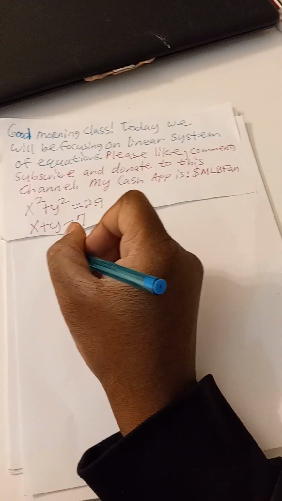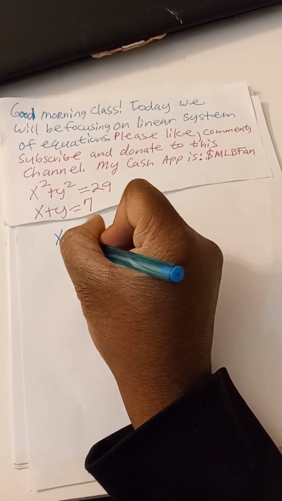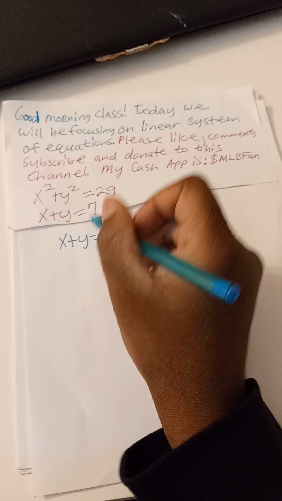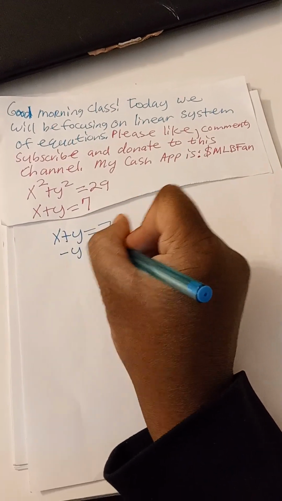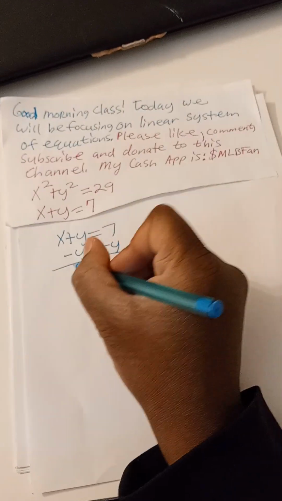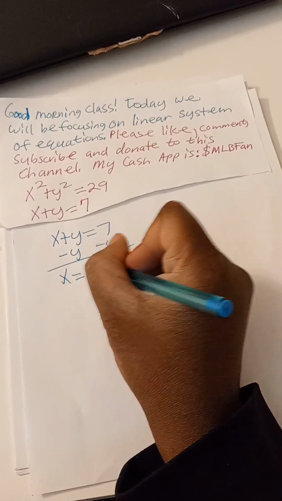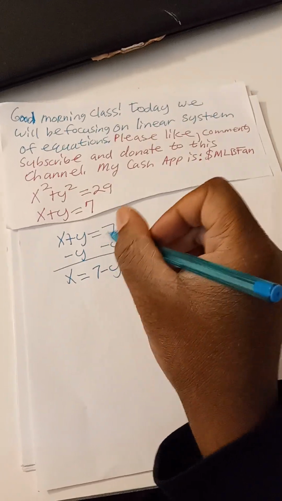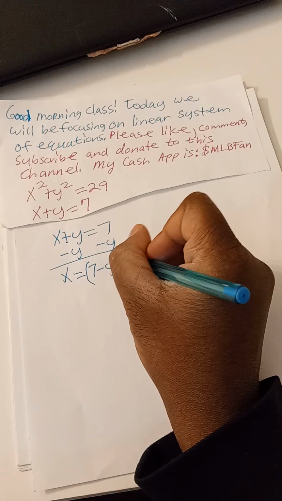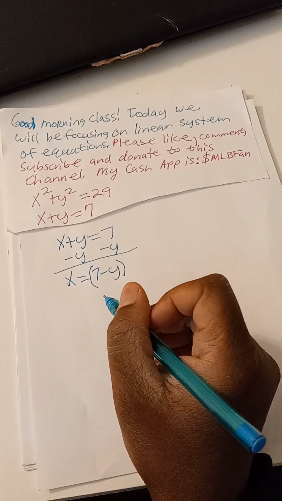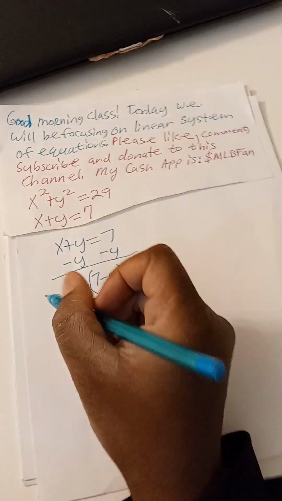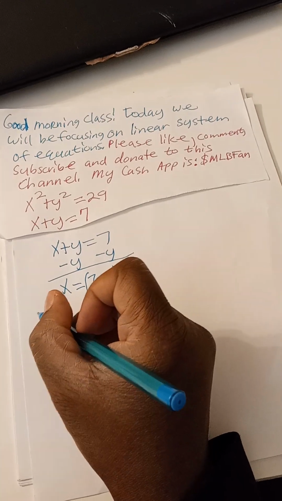So let's get started. X plus y equals 7. We need to subtract y from both sides, so x is equal to 7 minus y. We need to incorporate parentheses around 7 minus y and substitute it into the first equation for x.